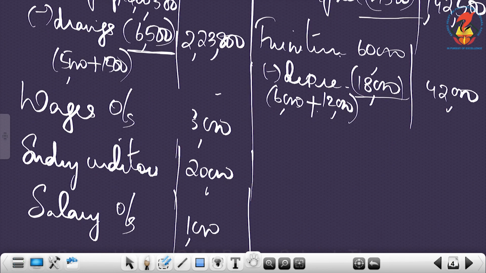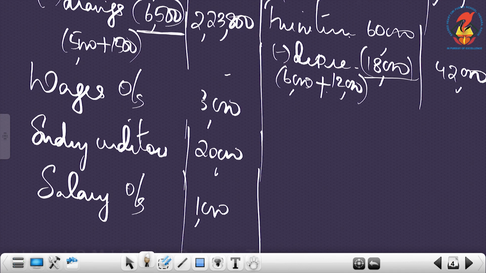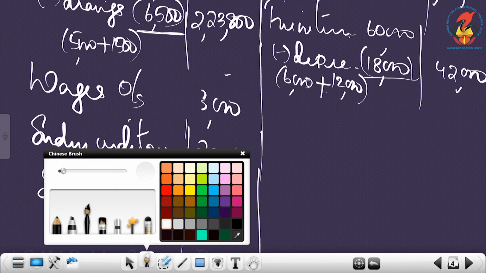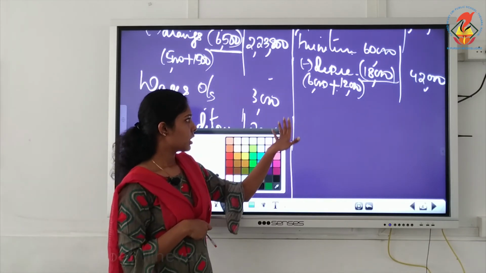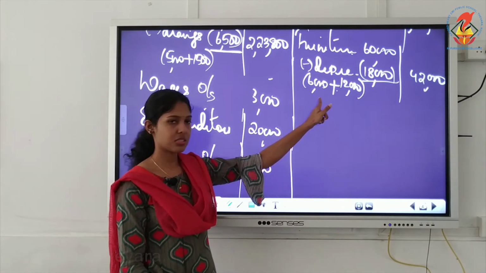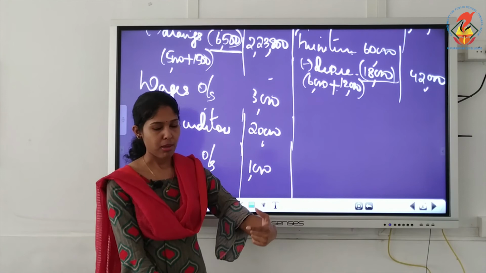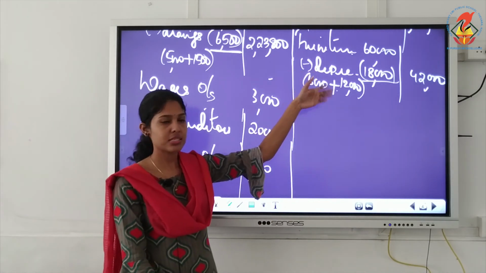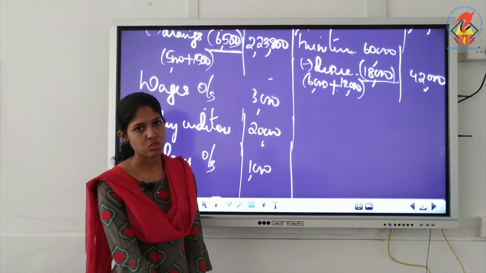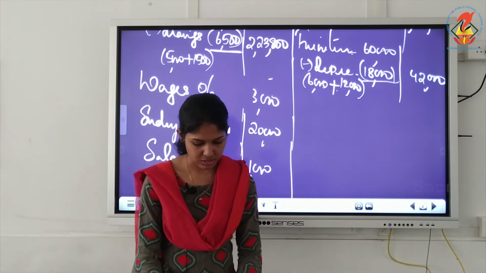So this provision for depreciation on furniture, you should remember when you deduct depreciation, not only the adjustment figure, the 6,000 is the adjustment figure, 12,000 is given inside the trial balance, which we already discussed that we have to deduct from furniture. This is how you have to show the effect.